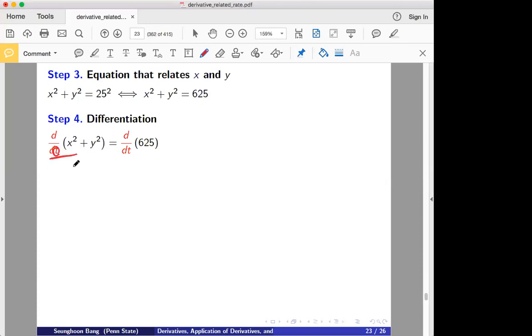This is key. We have 2x dx/dt, y squared prime is 2y dy/dt, and the 625 prime is 0. Next, divide both sides by 2, the 2 is gone. Exactly, x dx/dt plus y dy/dt equals 0.